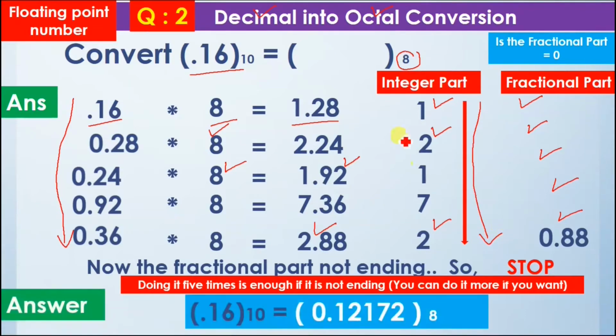So now we can say that the answer is, the decimal point will maintain its position, 0.12172 in octal. So this is how we can solve question number 2.